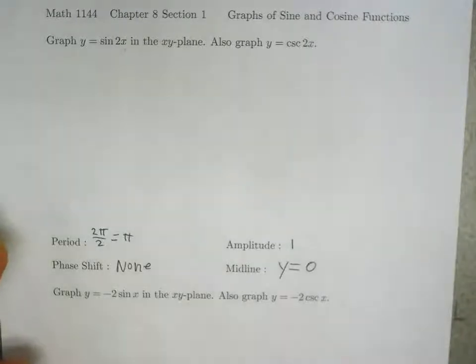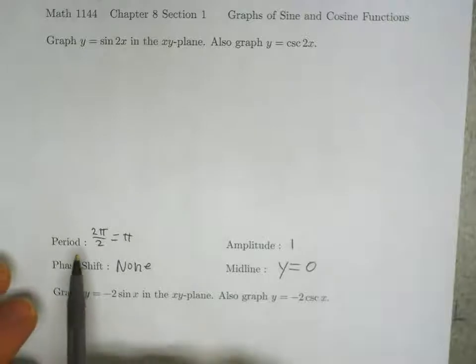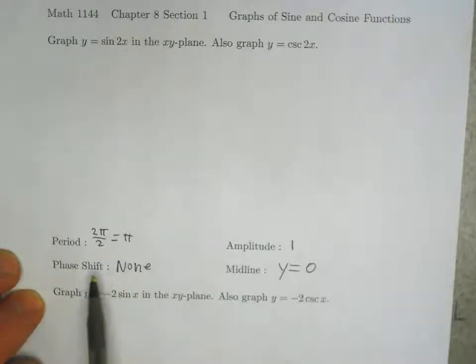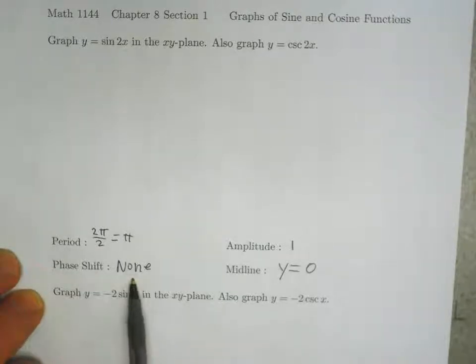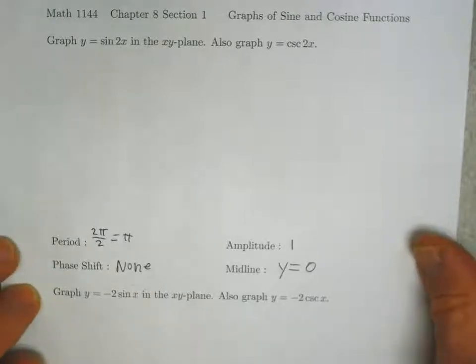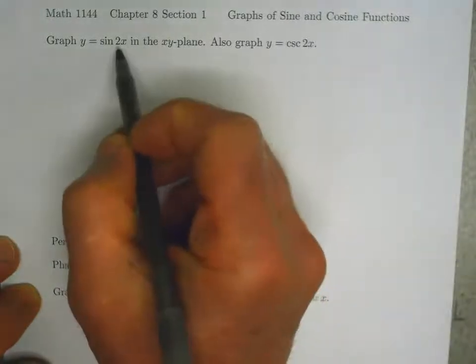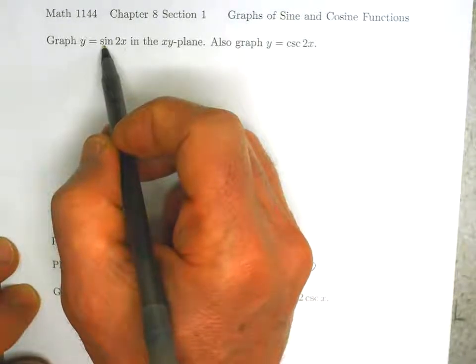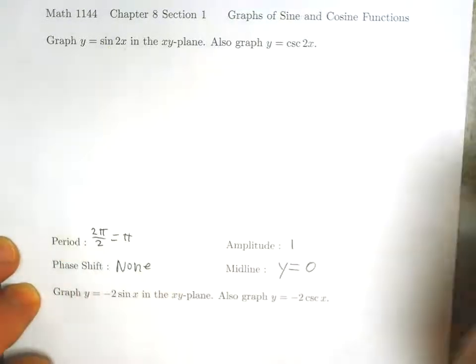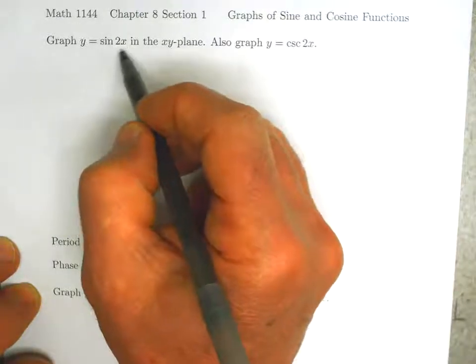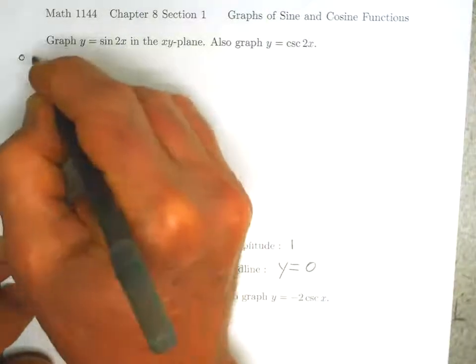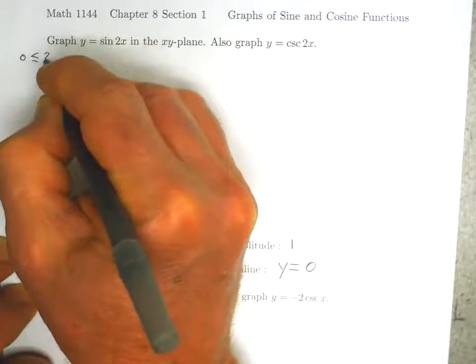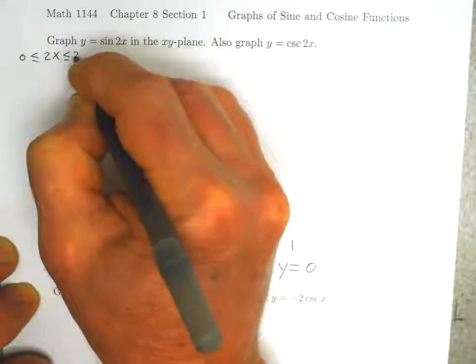Okay, I'll show you an alternative way to determine both the period and the phase shift. This 2x is the argument of the sine function. So these values 2x range between 0 and 2 pi.